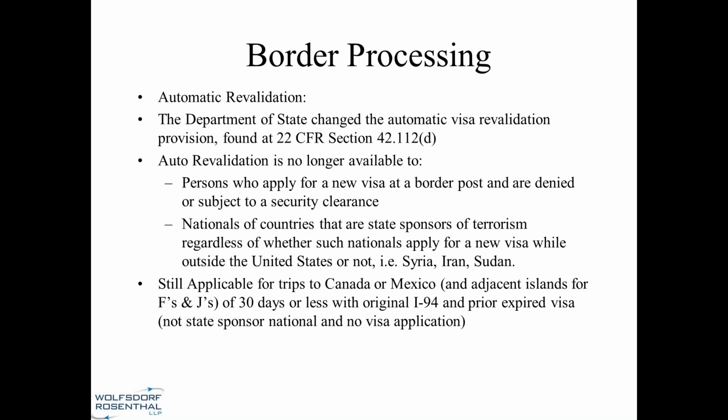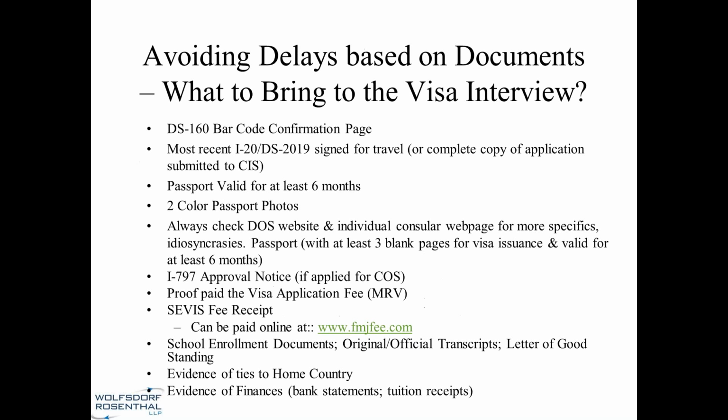Very important to vet this with Immigration Counsel. Oftentimes we prepare letters explaining automatic revalidation for our clients, and how to approach this with Customs and Border Protection, as oftentimes they're not too familiar with automatic revalidation.